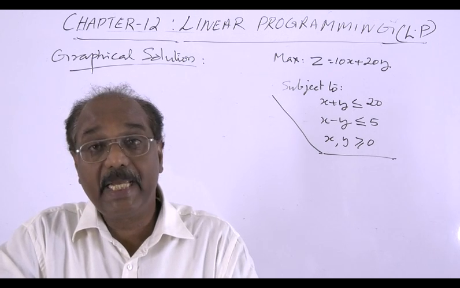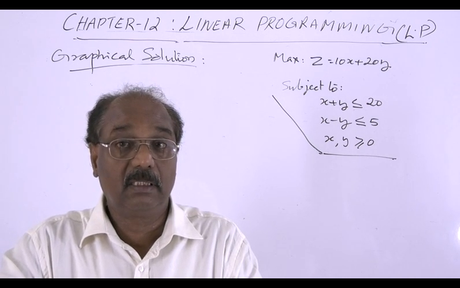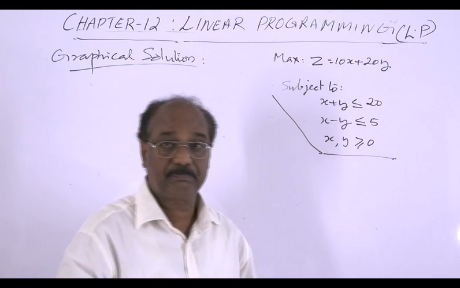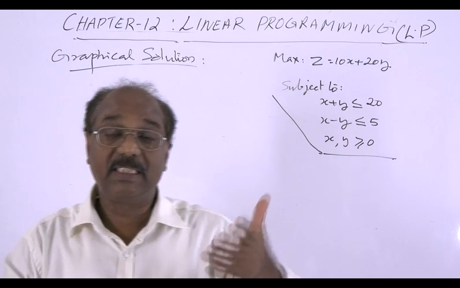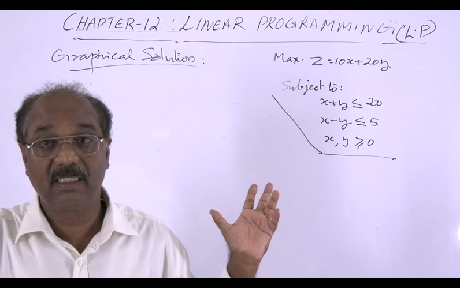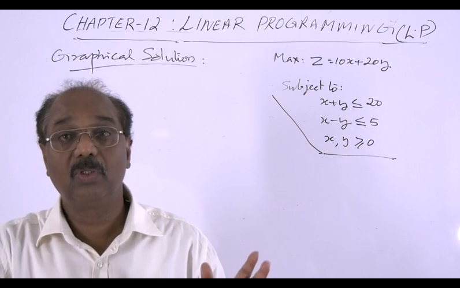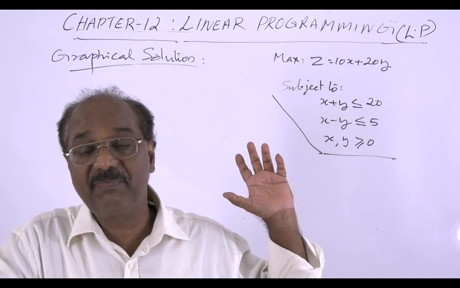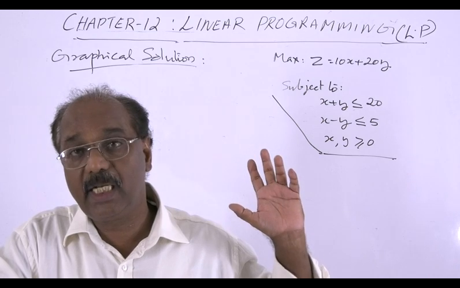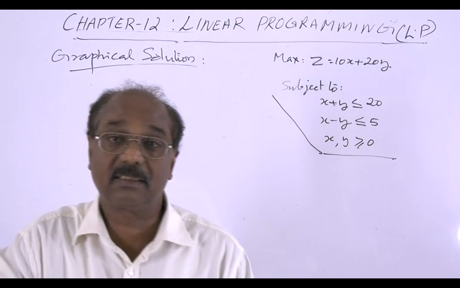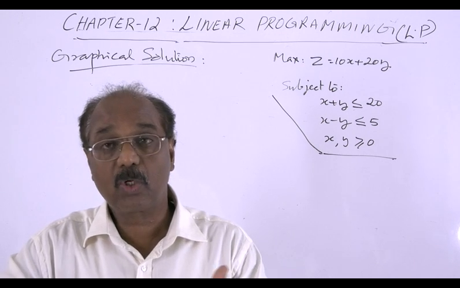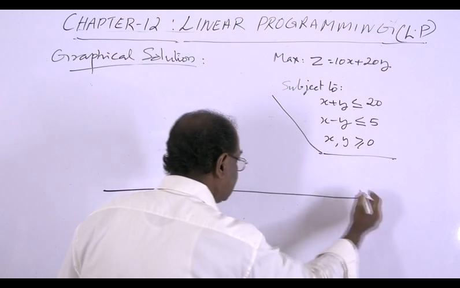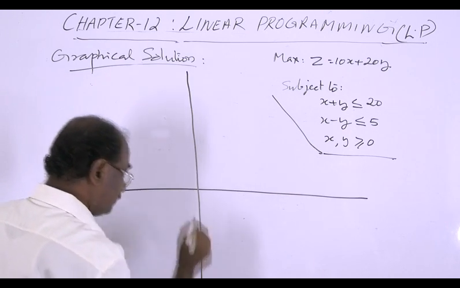So we may draw the lines first. First draw the two lines, x equal to 0 and y equal to 0. These are the axes. We are solving this problem graphically, and therefore we need the coordinate plane, and hence we need the coordinate axes. So first we draw the two axes, the x-axis and the y-axis.